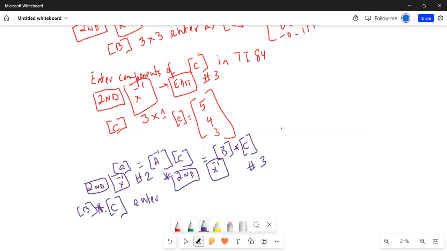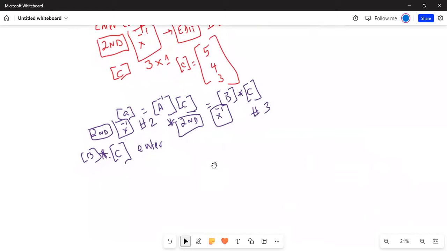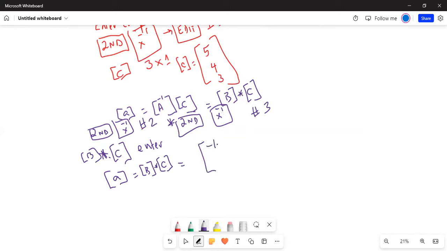So your solution matrix is matrix A equal to matrix B times matrix C, and that is equal to minus 1.55, 2.11, and minus 0.22.